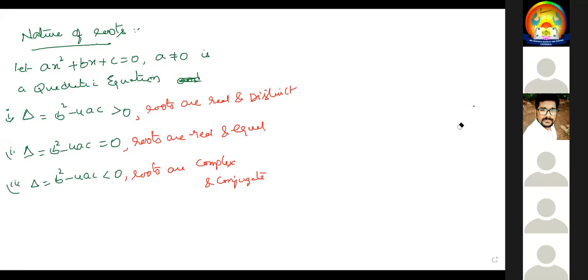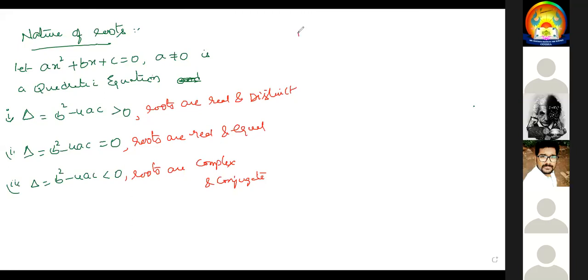If it is greater than 0, roots are real and distinct. Equal to 0, roots are real and equal. Less than 0, roots are complex and conjugate. Now, I'm using the words complex and conjugate.